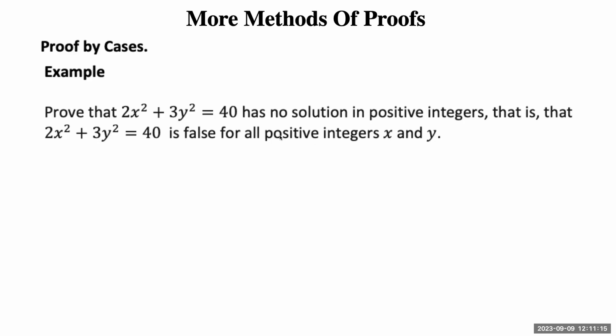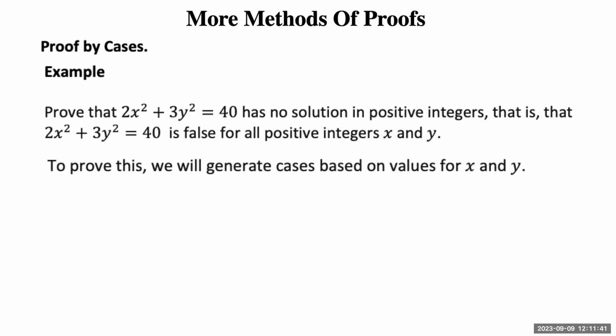Positive integers means we're not including 0 and not including negative integers. Remember, a solution is a value for x and a value for y that, if I plug into the equation, ends up equaling 40.